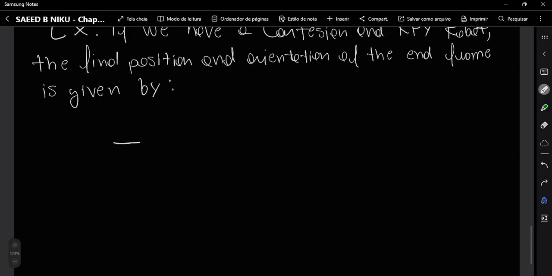So the transformation of the H frame in relation to the R frame.